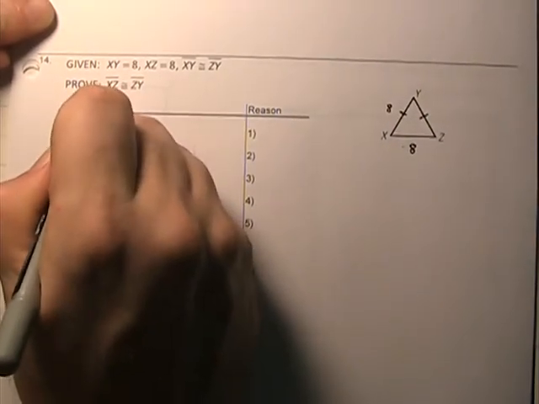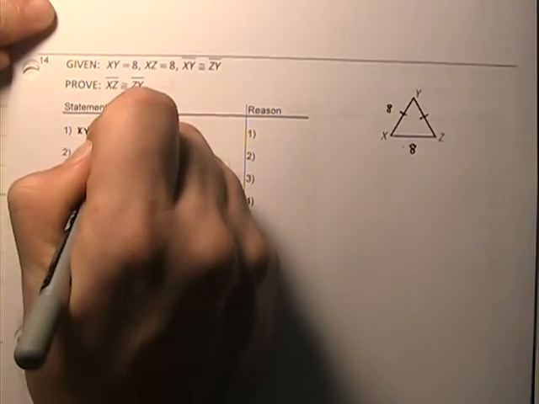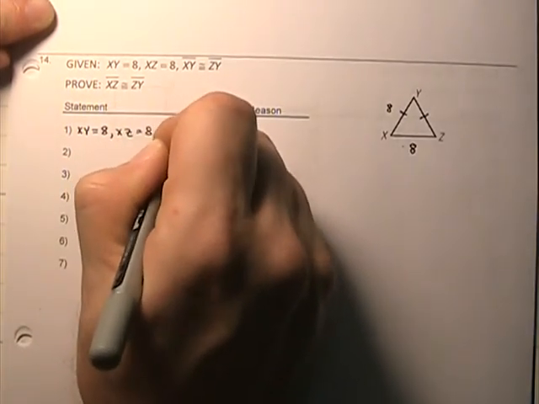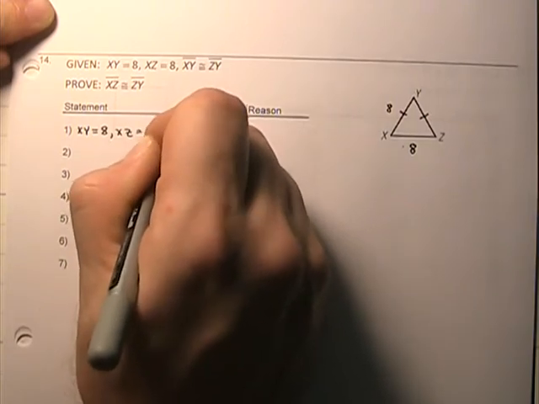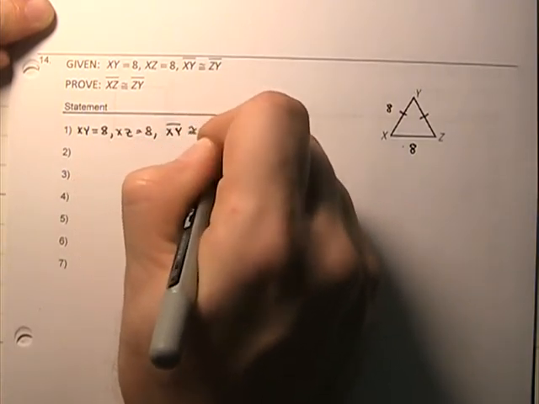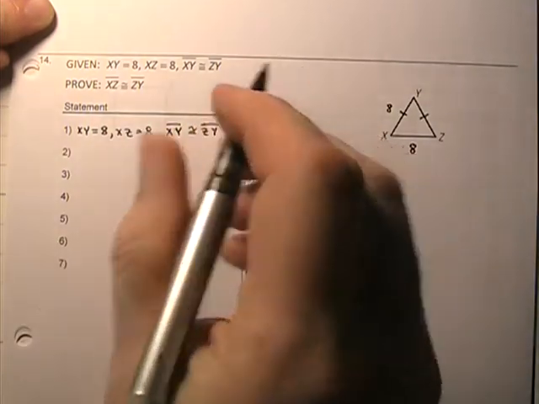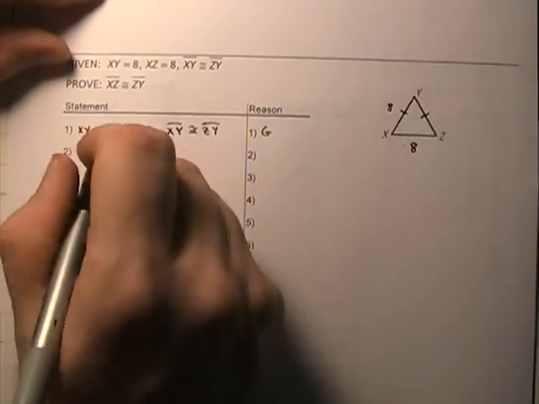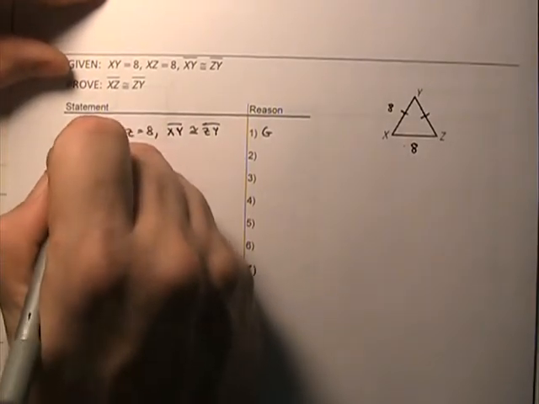So let's start with our given. Length XY is 8, length XZ is 8, and segment XY is congruent to segment ZY. That's all given. So I could say that XY and XZ are equal.